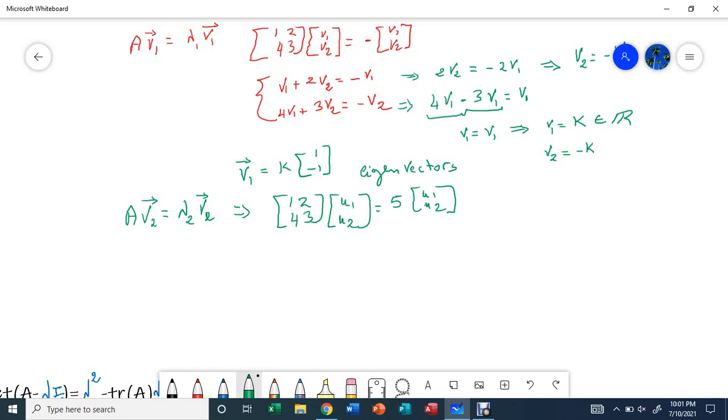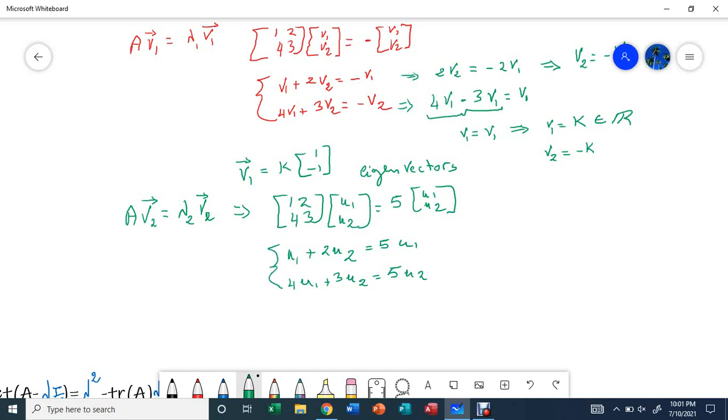Multiplying the matrix by a vector, I get u1 plus 2u2 equals 5u1, and here we have 4u1 plus 3u2 equals 5u2.